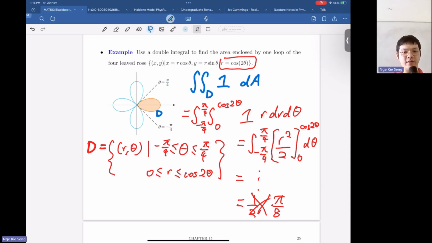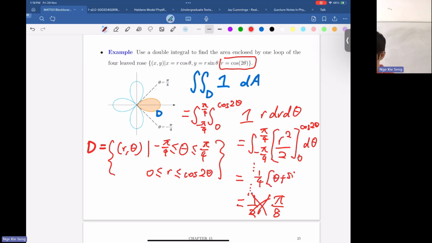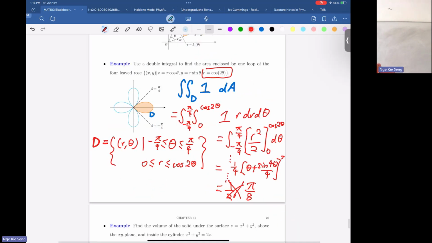Which step do you want to check? The other one you should get is 1/4 of theta. So let's write another intermediate step. It's 1/4 times theta plus sine 4 theta over 4. You should get this. Okay, in another intermediate step, you should get this one.